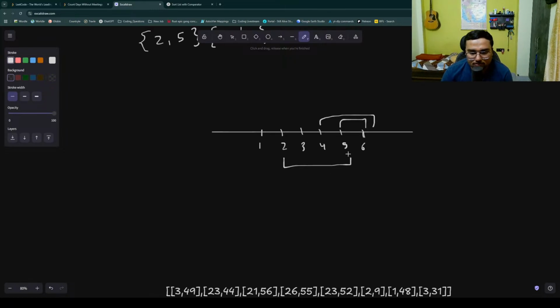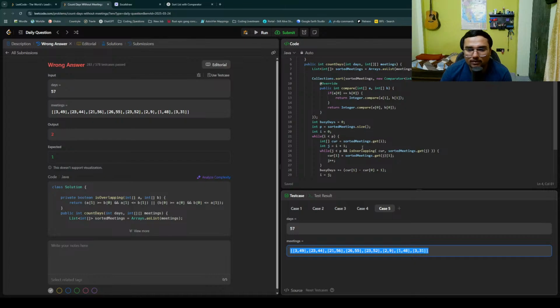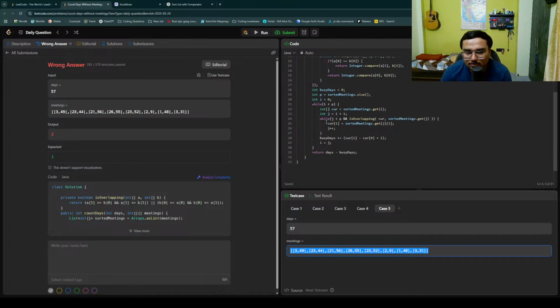Let's get back on here. Overlap could be this one, right? Now 3 is okay. Let's see. My logic is still flawed here. This logic is still flawed.